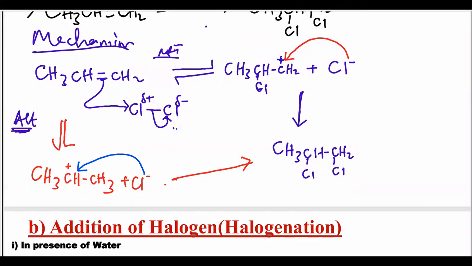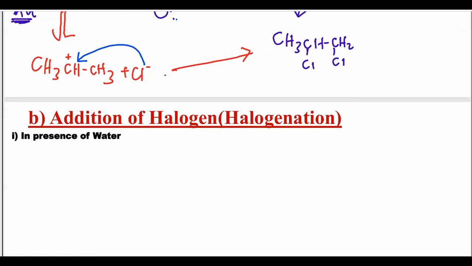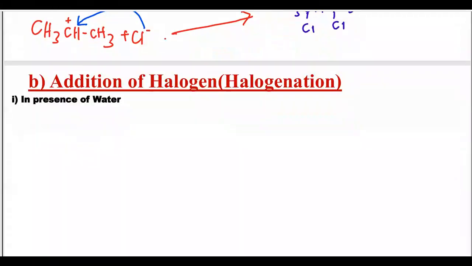Now remain on the call, and take us through addition of halogen in the presence of water. We are still on halogenation, but this time it is in the presence of water. Okay, tell us. I want us to use but-1-ene. Maybe we can use bromine.